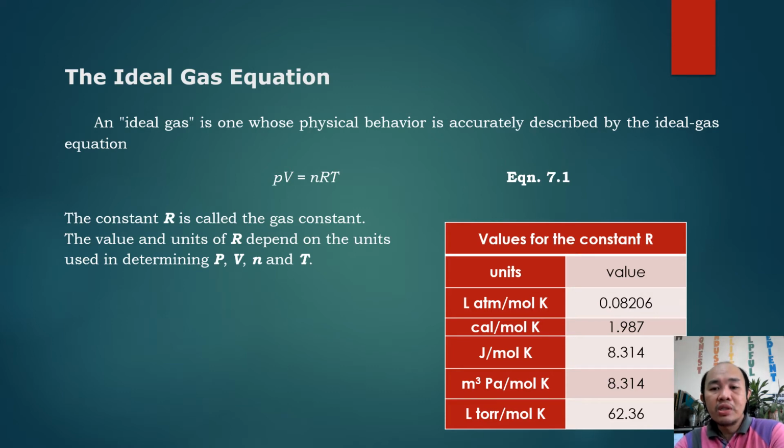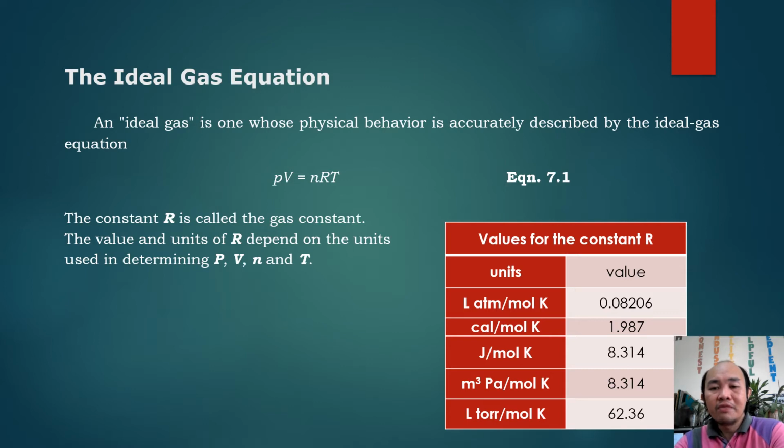If the units used is liter atmosphere per mole Kelvin, the value of R is equal to 0.08206. If the unit used for the value of R is calorie per mole Kelvin, the value is equal to 1.987. If the unit used for the constant R is joules per mole Kelvin, the value that we have to use is 8.314.